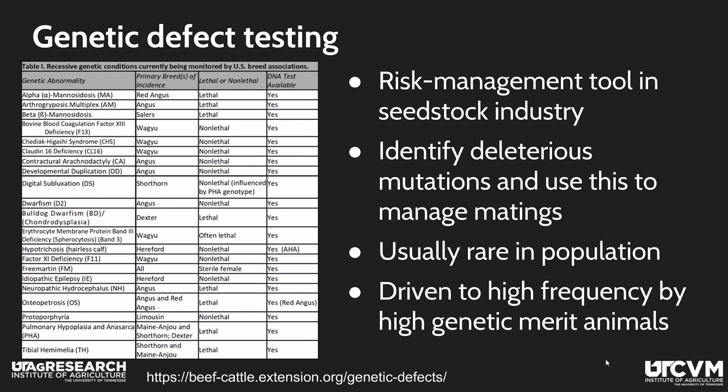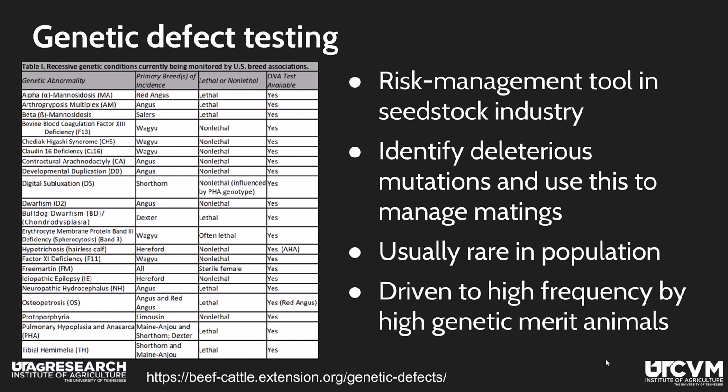If you only carry one copy of, say, the developmental duplication, which is going to put an extra leg maybe out of the middle of a calf's back, you're not going to be affected. It's only when we match together 2 carrier animals, and 25% of those matings between carrier animals will come out as little d, and that phenotype expresses itself.